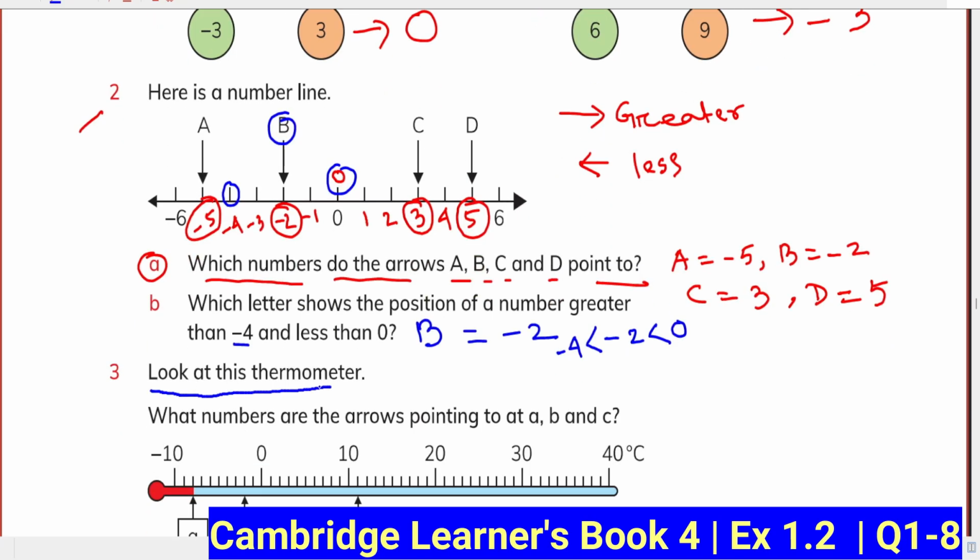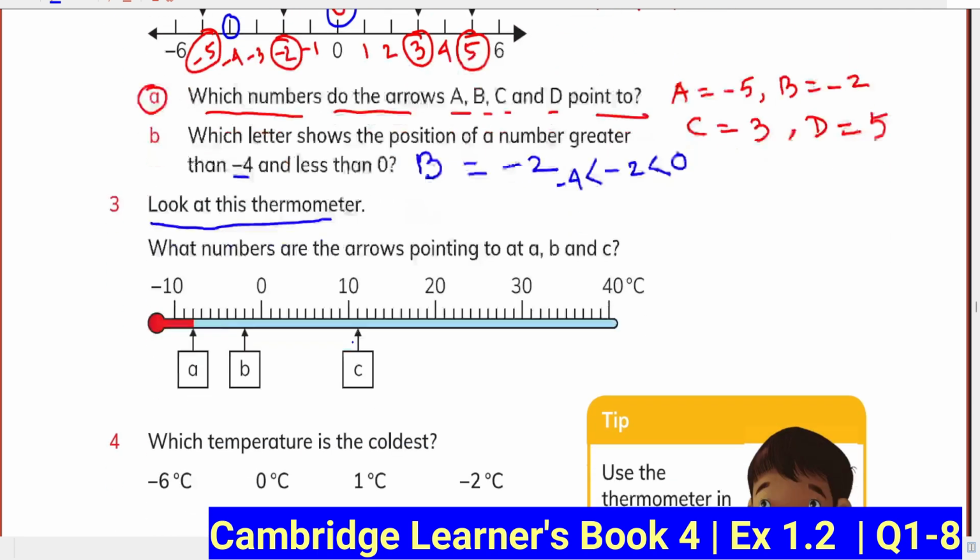Question 3. Look at this thermometer. What numbers are the arrows pointing to at A, B, C? So this one is a 0, and here is 1, 2, 3, 4, 5, 6, 7, 8, 9, 10. So this one is -8.